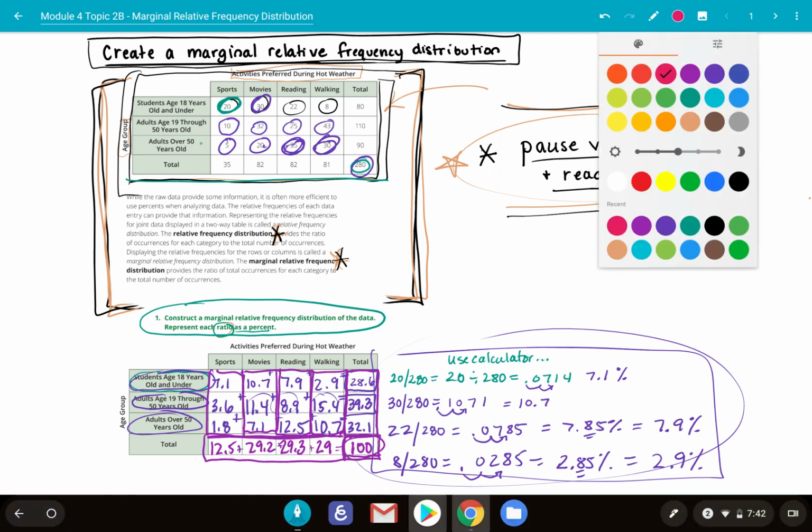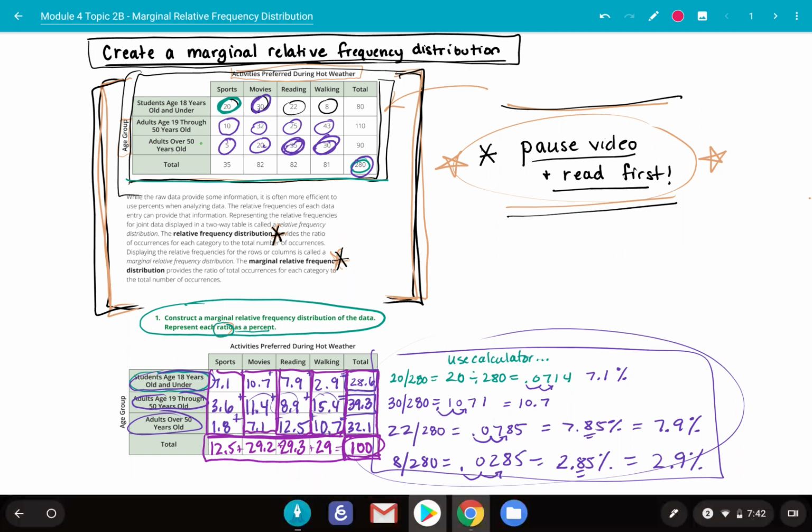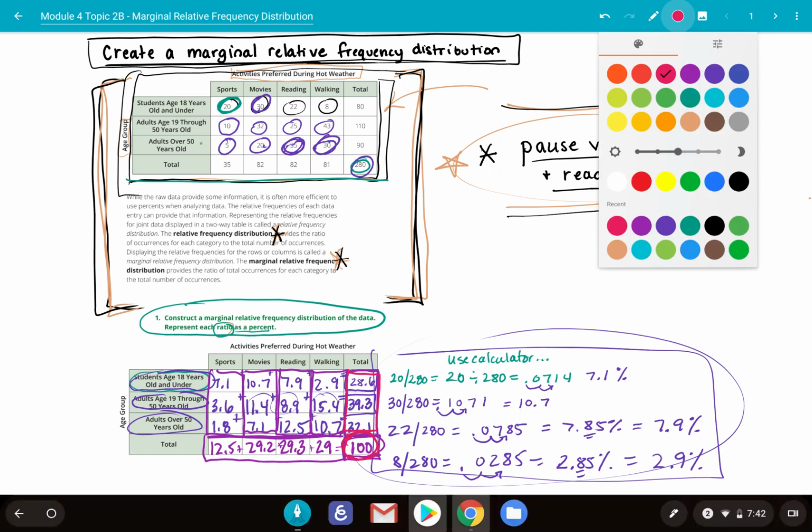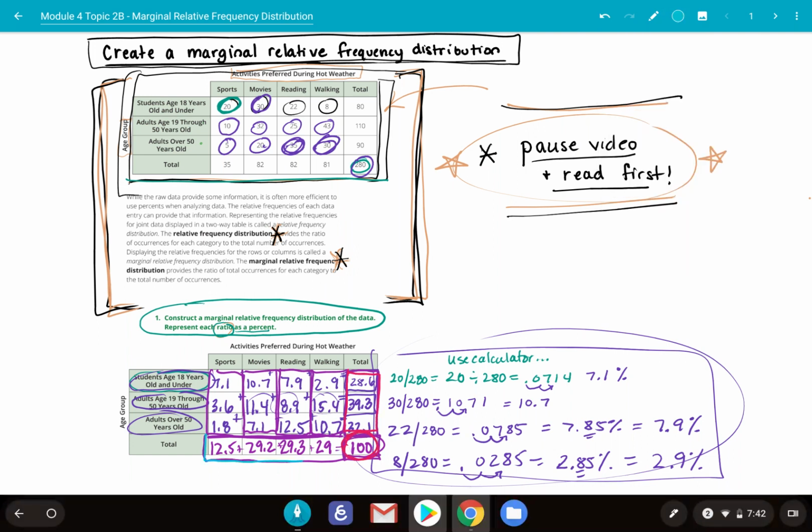So when you're done, you want to make sure that the totals here equal 100, and you also want to make sure that the totals of each of these columns, when you add them together, also equal 100. So this is your relative frequency distribution, which is just, instead of numbers or frequencies, represented as percents instead. And we will then move on to making a histogram out of this information in the next video.